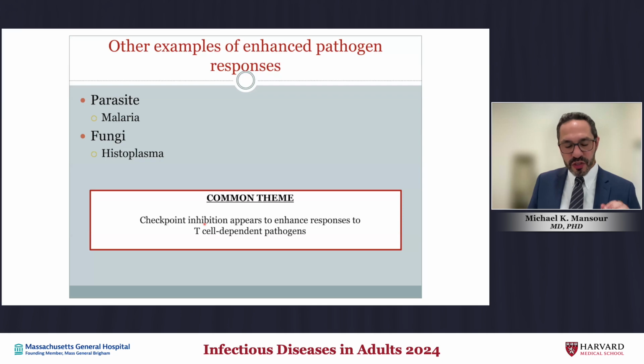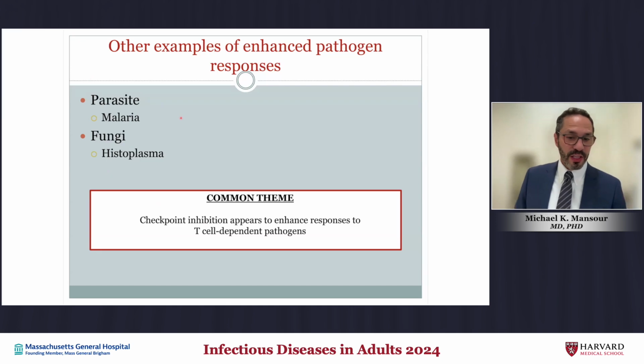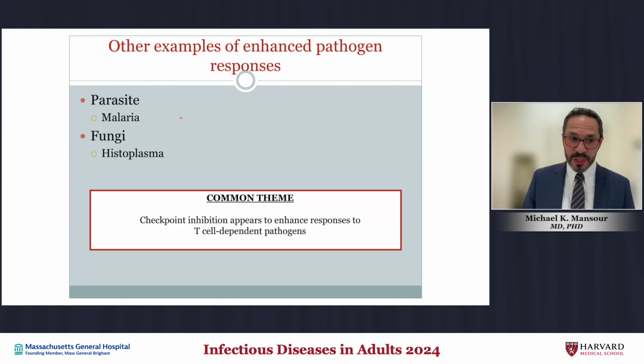And while we don't do it in infectious diseases, there's really strong mounting evidence that you could enhance a T cell response to even hard to treat infectious diseases. And the examples really cross many kingdoms. So we have fungi, parasites, bacteria, viruses. So it's a broad acting sword, so to speak.